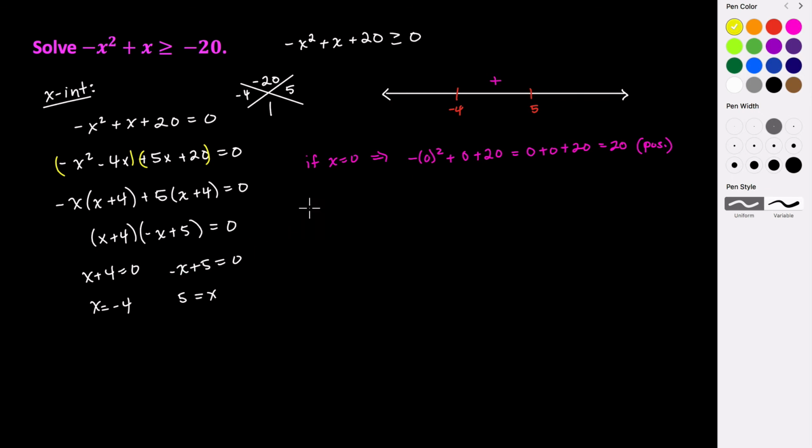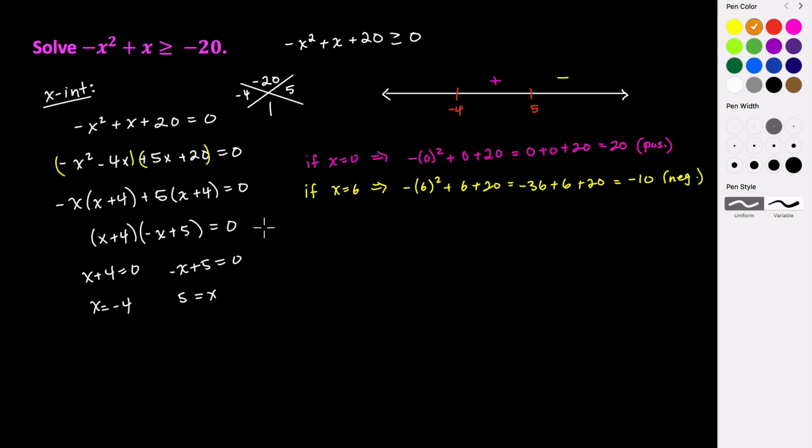Let's pick a number to the right of 5, maybe just 6. If x is 6, we have the opposite of 6 squared plus 6 plus 20. This is 36, but we take its opposite, so negative 36 plus 6 plus 20. Negative 36 plus 6 is negative 30, plus 20 is negative 10. So this is a negative value. To the right of 5, we get negative values.